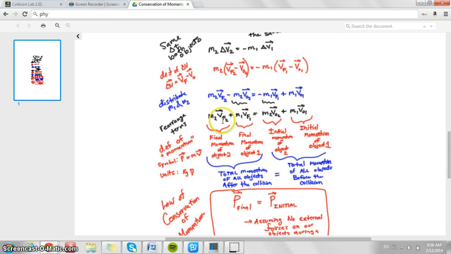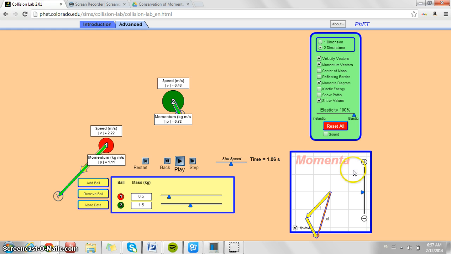The final momentum of object 2 plus final momentum of object 1 is equal to the initial momentum of both objects, which means, if you remember, going back to our simulation, that this net momentum vector will not change, because these will always add up to the same initial momentum even after the collision.